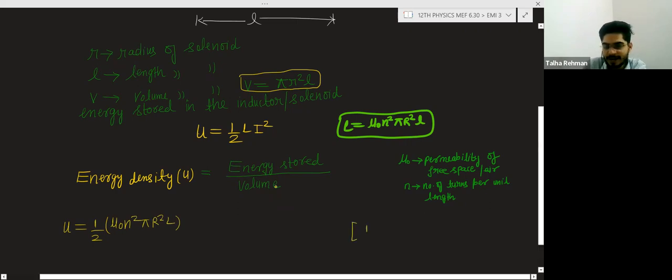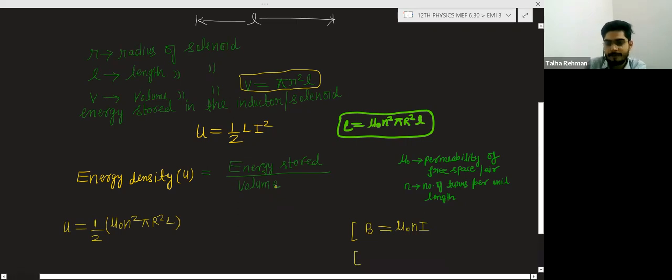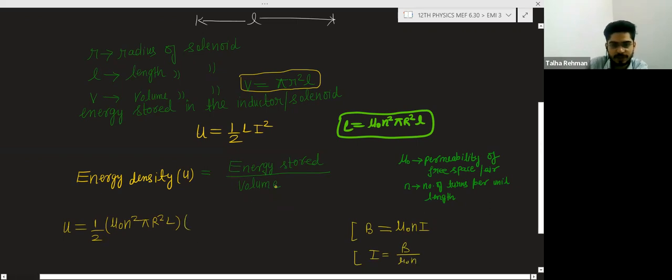We know that the magnetic field due to the solenoid is given by mu naught into small n into the current in the solenoid. From here we can calculate the current. So current will be B divided by mu naught into n. So we will put the value of current here.